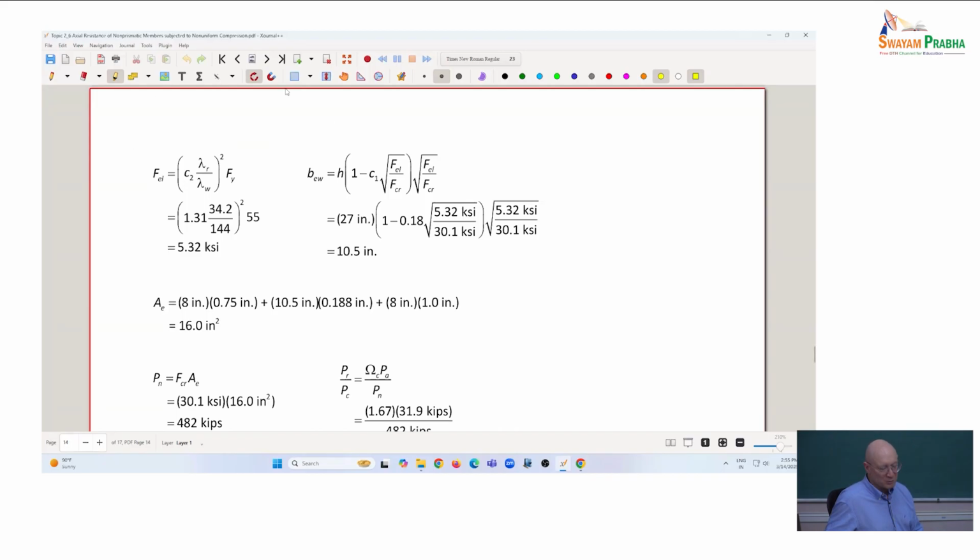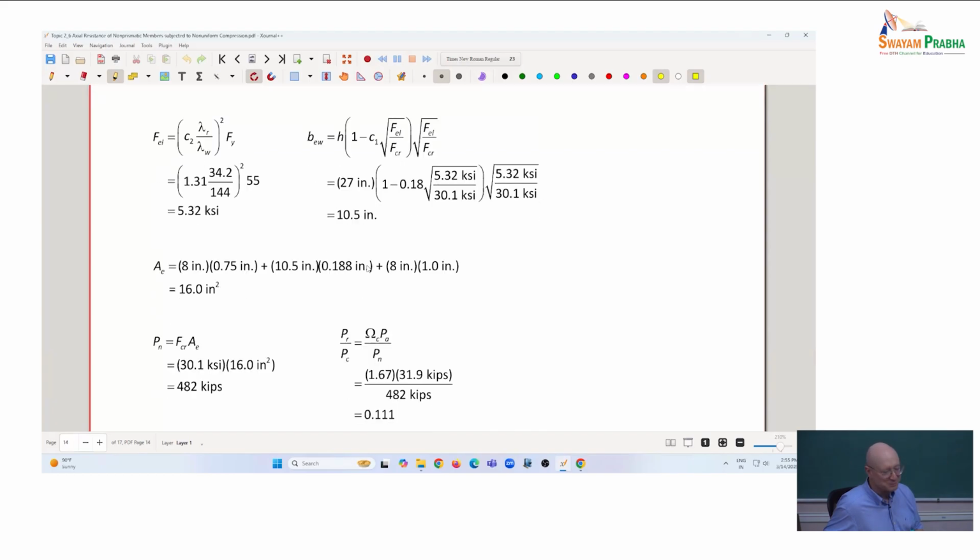Notice the gross width here is basically the width between the insides of the flanges, which is 27. So this very thin web that has an h over tw of 144 has quite a substantial loss in effectiveness for uniform axial compression.